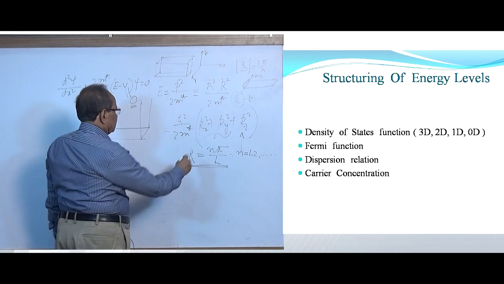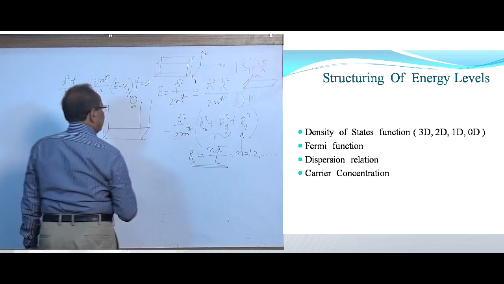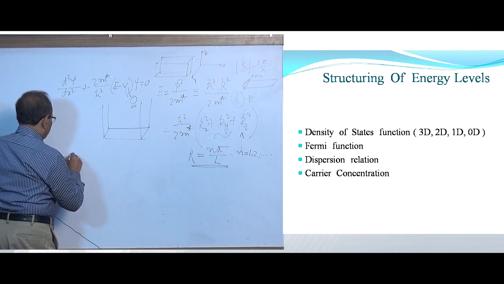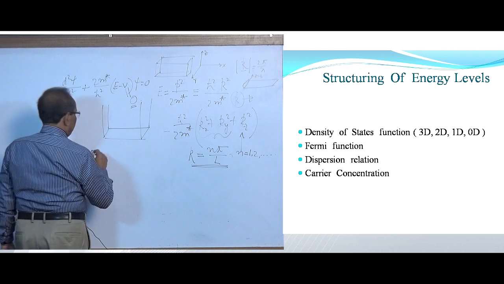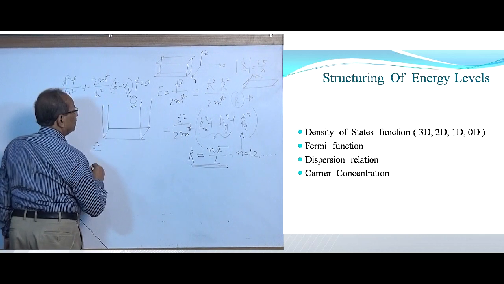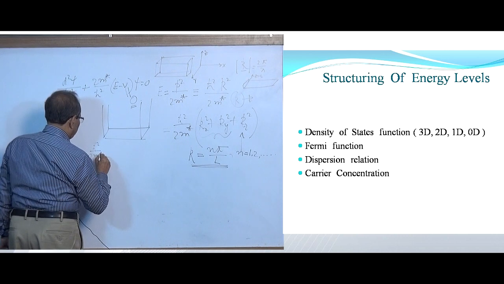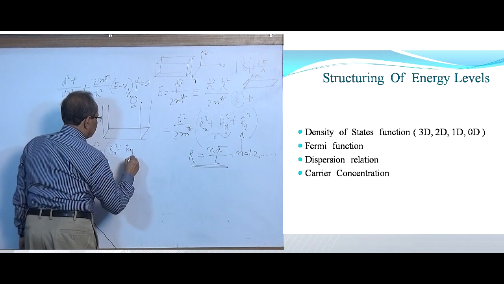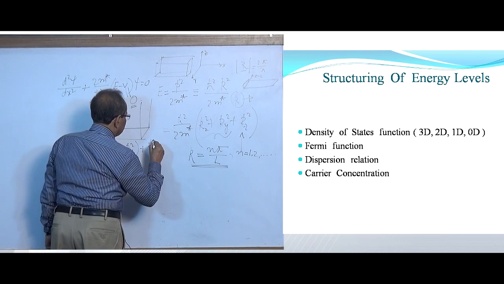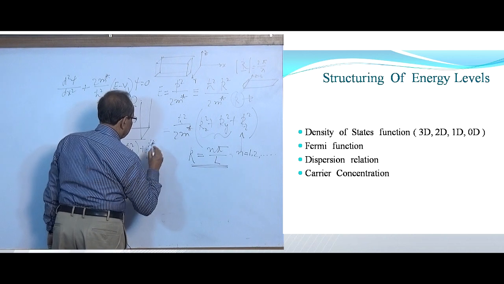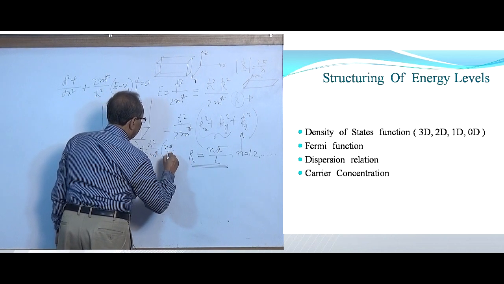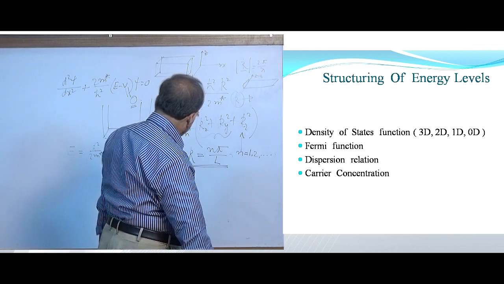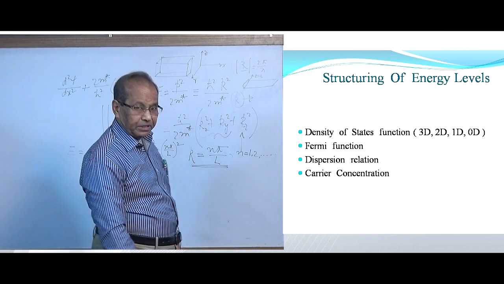Okay, so what is the energy? The energy now becomes E equal to h cross square over 2m star times kx square plus ky square, plus h cross square over 2m star times n pi by L whole square, where L is the dimension in the confinement direction, the dimension of the nanomaterial.